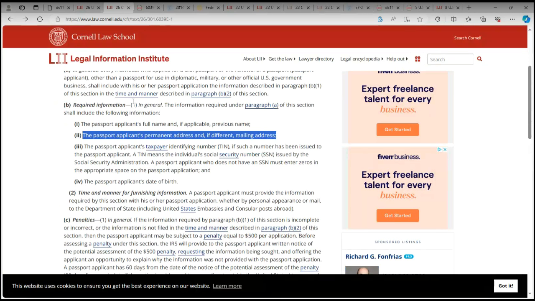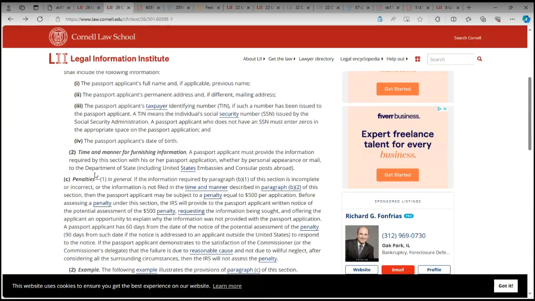Remember, there's a hierarchy in these statutes, right? You have the Constitution, statutes at large, United States Code, Code of Federal Regulations, and then you have everything else that goes down the line from there with state and municipalities and all the other stuff that use the federal codes and regulations, right?